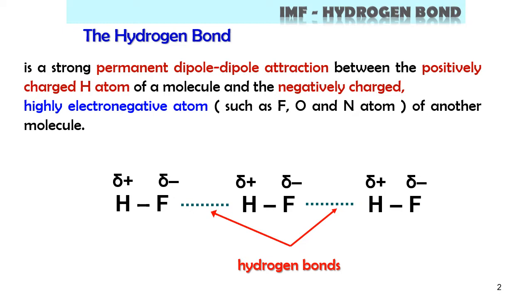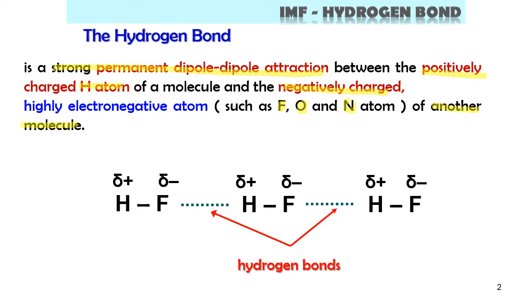Hydrogen bond is a strong permanent dipole-dipole attraction between a positively charged hydrogen atom of one molecule with a negatively charged electronegative atom such as fluorine, oxygen, nitrogen from another molecule.